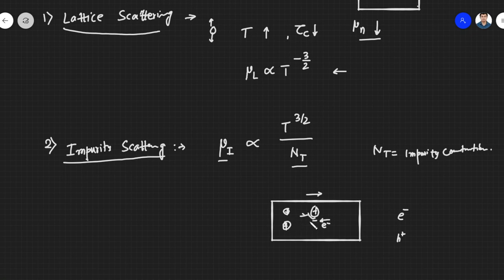So they'll spend less time, so their impact will be lower, right? Because thermal velocity is more, their movement is fast now. So they'll spend less time near this positive or negative charge, donor acceptor ions. So this impurity scattering, or the effect of these ions, will be lower.